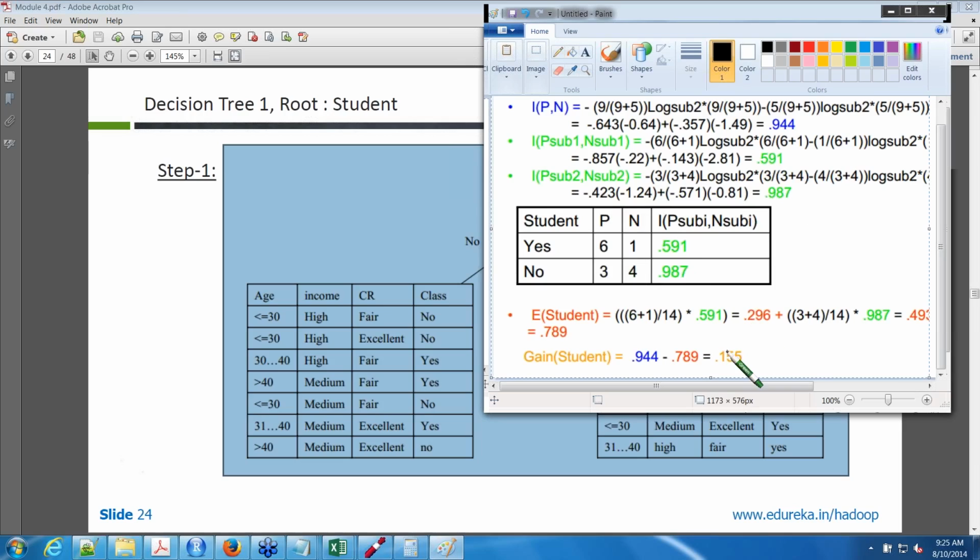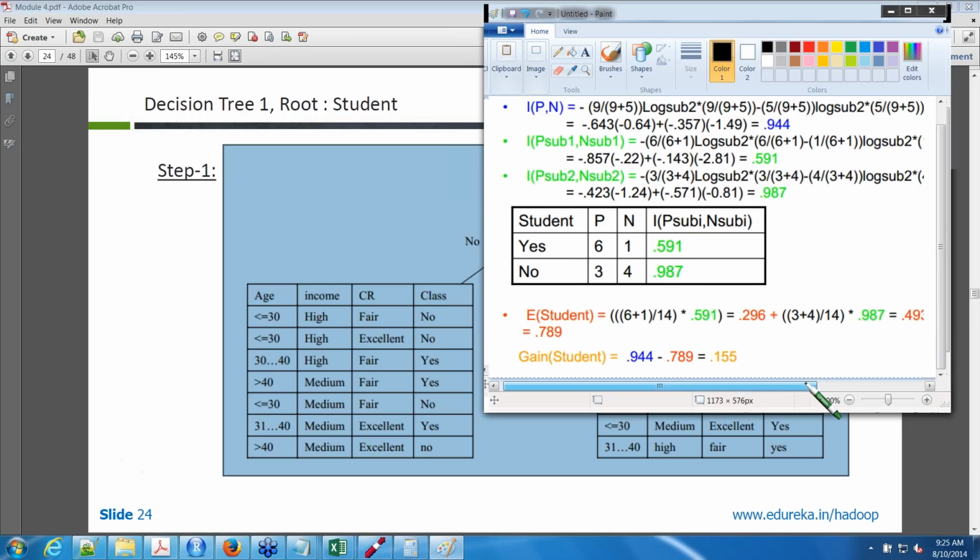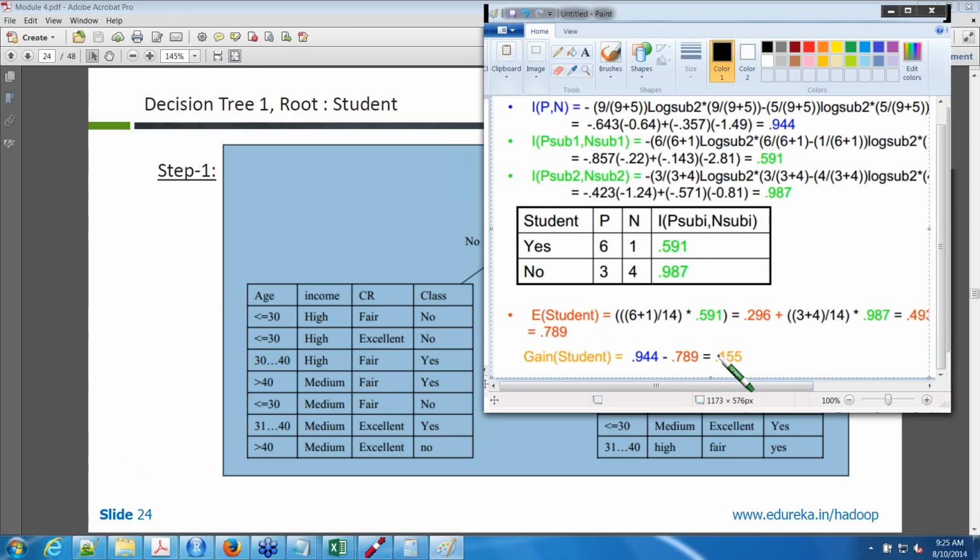When we multiply and do these calculations, we will be getting 0.155. That is the gain of student. 0.155 is going to be a very good entropy, as I said, if you follow the chain of splitting the data set based upon student yes or no. Is that clear?